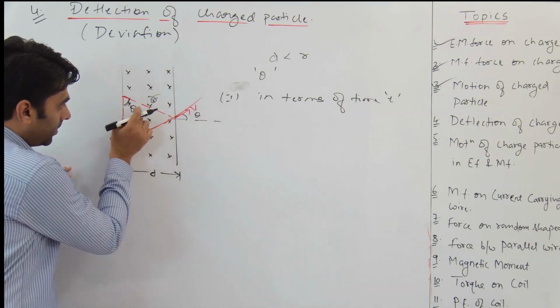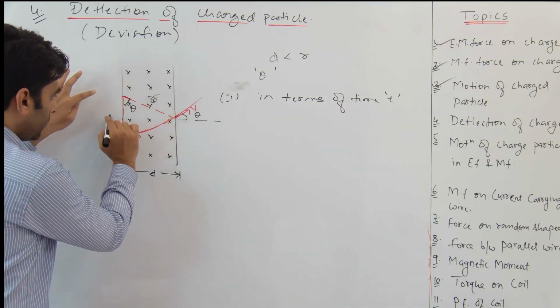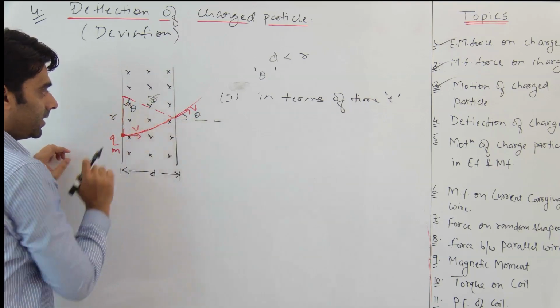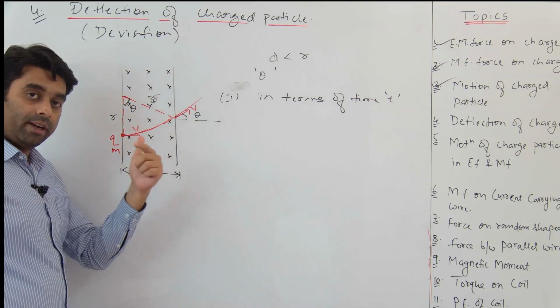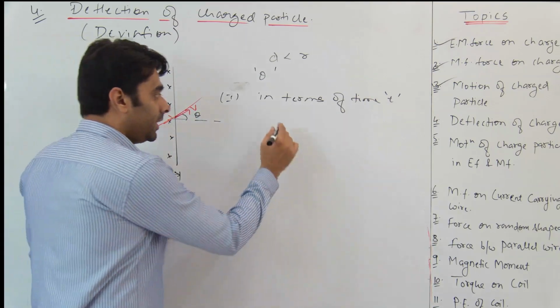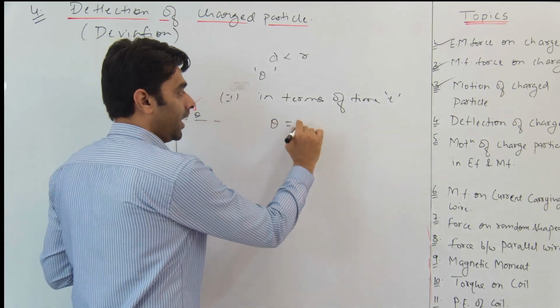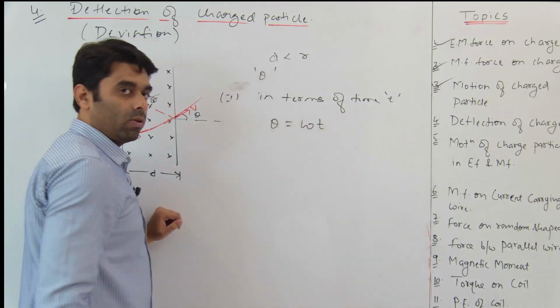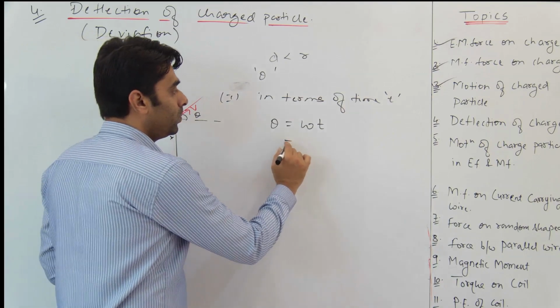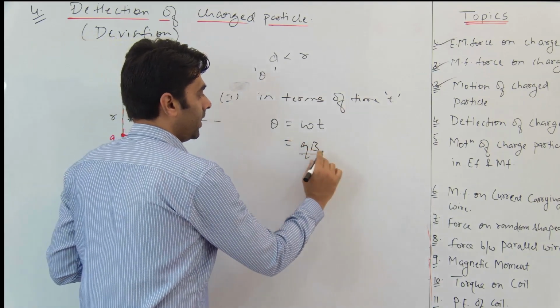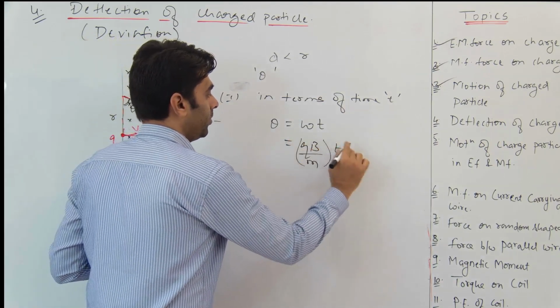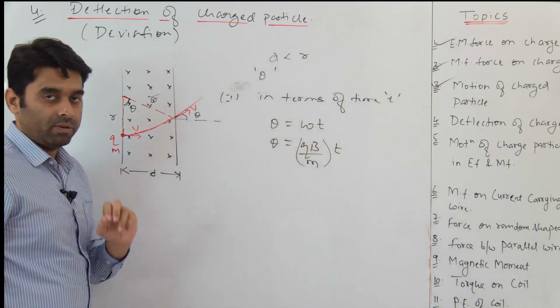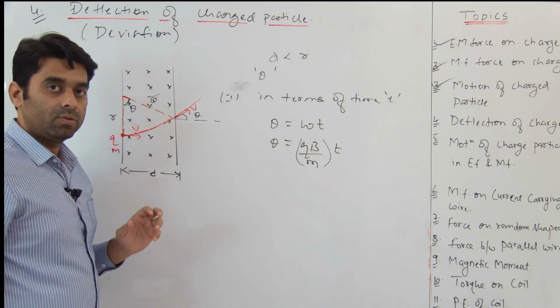This is theta, that means this is your radius r, this will also be radius r. This is theta, that implies this will also be theta. So if it is taking time t, then the angular displacement theta can be written as omega into t. What is our omega value? Omega value is qB by m. So theta will be qB by m into t. Fine. This is one way, giving your deviation in terms of time t.